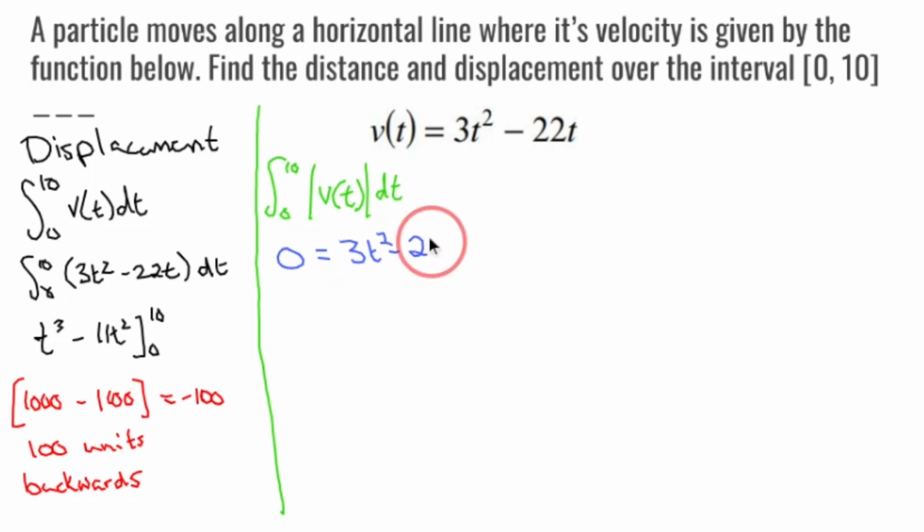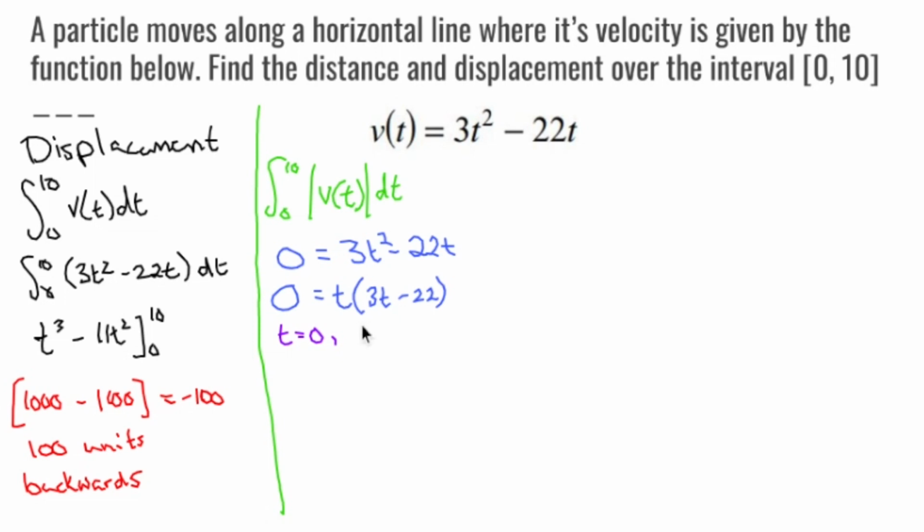Let's factor out a t. So now we have t times 3t minus 22. According to the zero product property, t is 0. So that's one of my times, right at the very beginning.